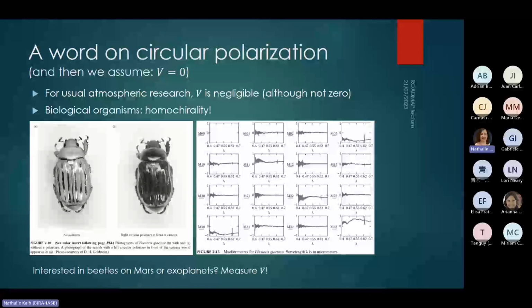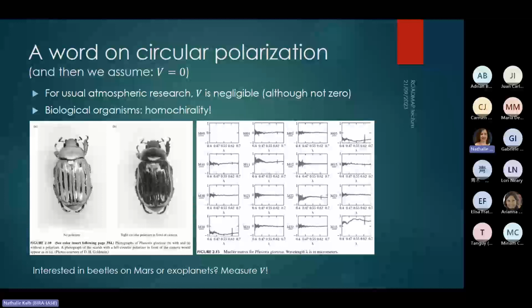This is the Müller matrix of a beetle. It is wonderful, isn't it? The only main point you need to know is this component here to the left. This is the 4,1 component.